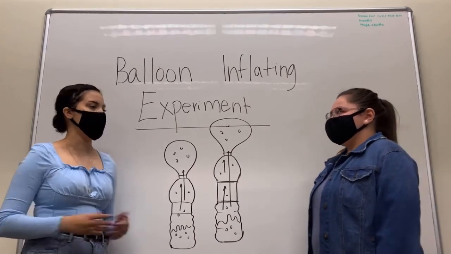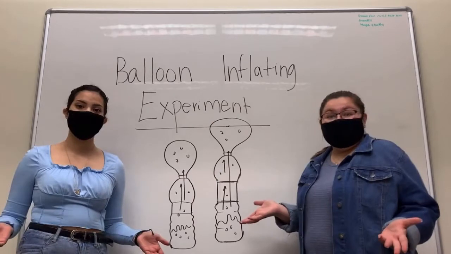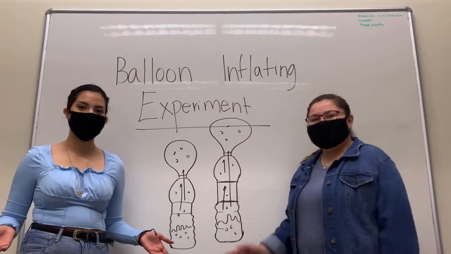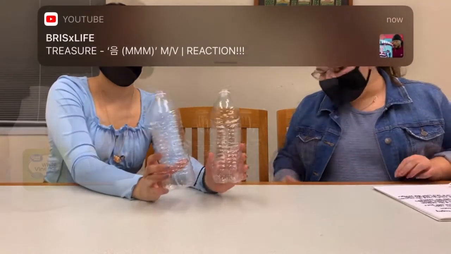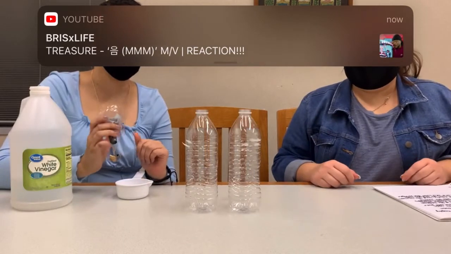Now, should we get on to the experiment? I think we should. Let's do it. The first step we're going to do is pour a half cup of vinegar into empty water bottles. So for this experiment, we have to use a funnel.